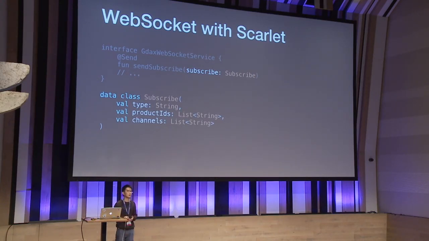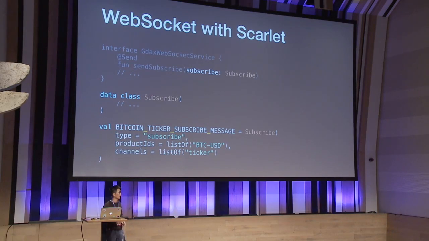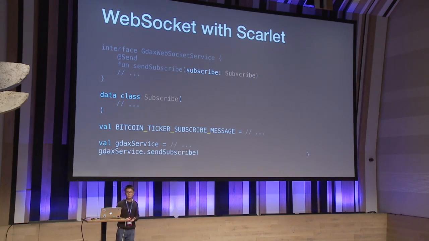It will be serialized to JSON using Moshi before it's sent to the server. Because we're interested in the Bitcoin ticker, we'll have a subscribe message like this. And after we create an implementation of this interface using Scarlet, you can just send the message to the server.